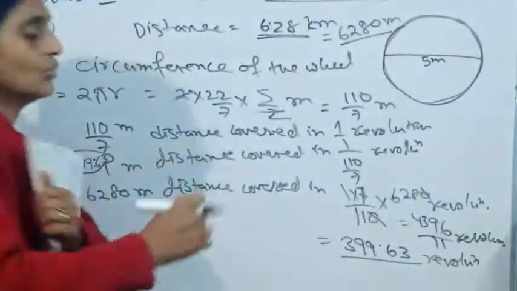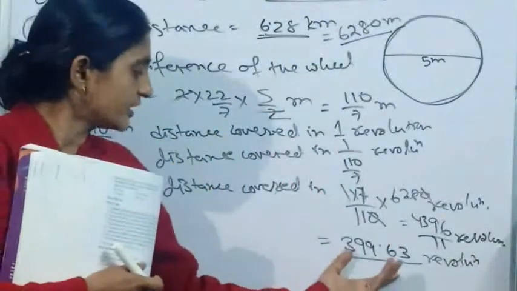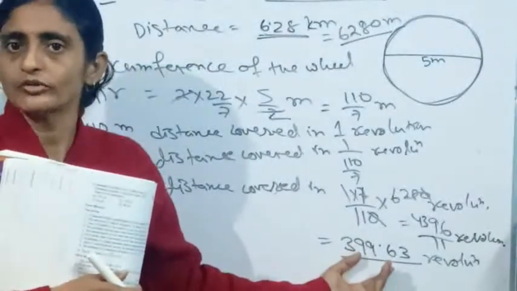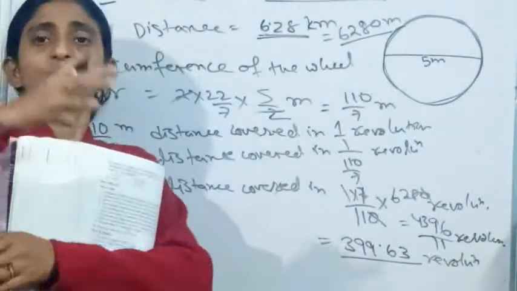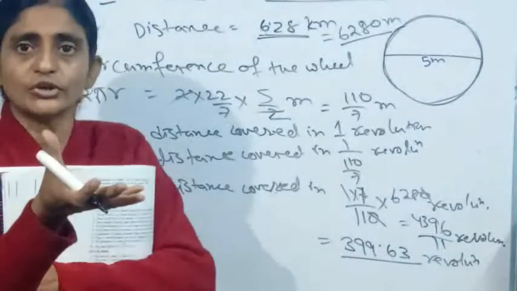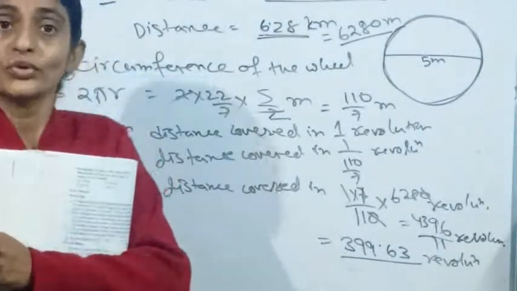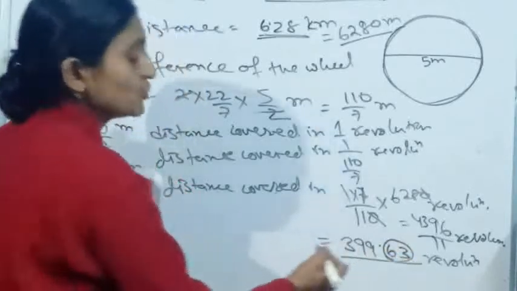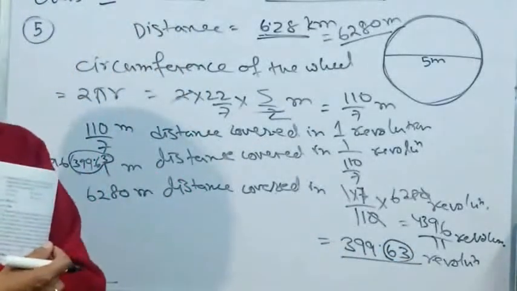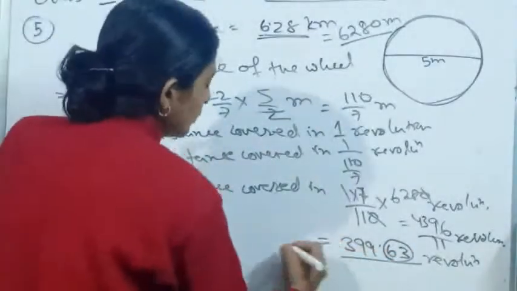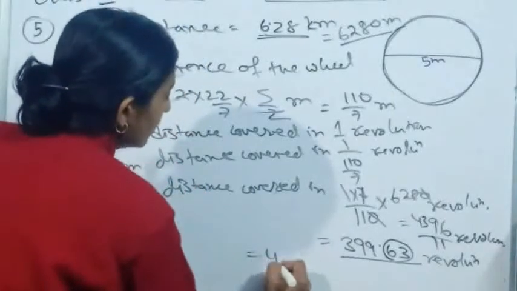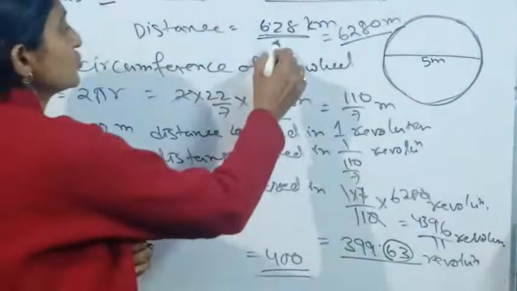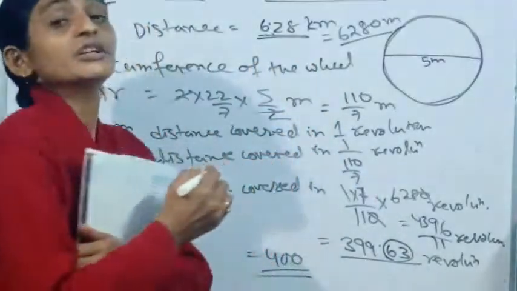Yes. Now one more thing. Now you will say, how is it possible? Is a fractional number of revolutions possible? That means the wheel will not complete that last revolution. Yes. So for that, definitely it will complete the next revolution, since there was a fraction of 0.63. So when it gets completed, it will complete 400 revolutions to cover the distance of 6.28 kilometer.